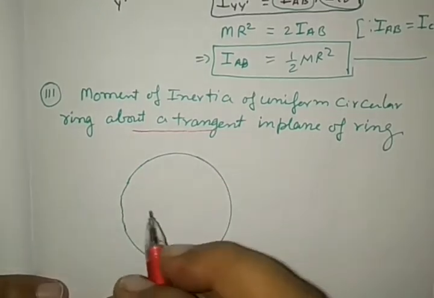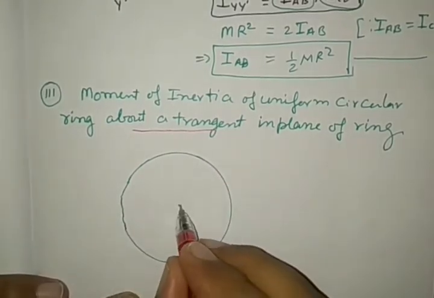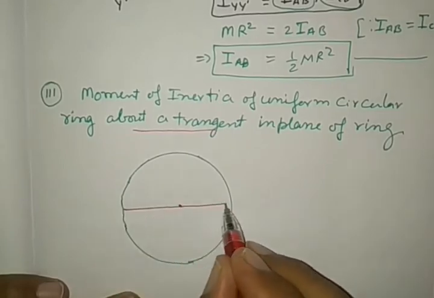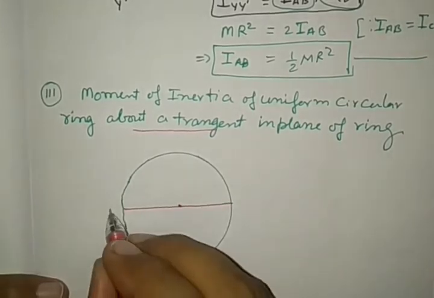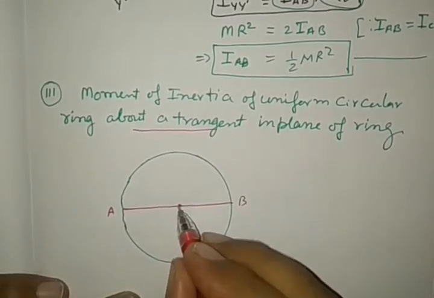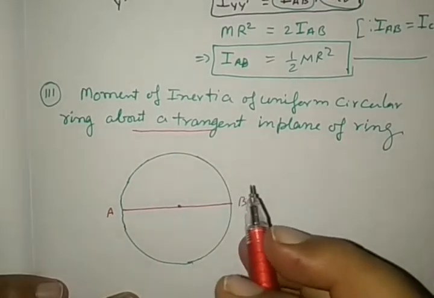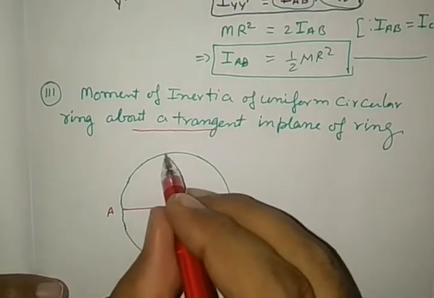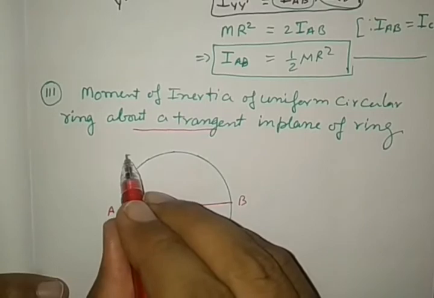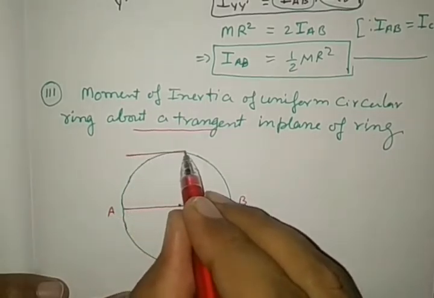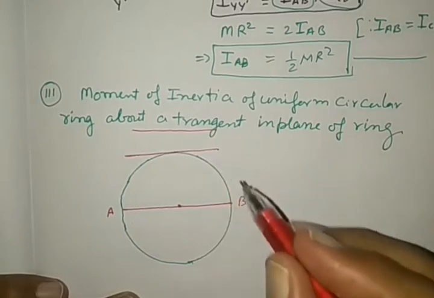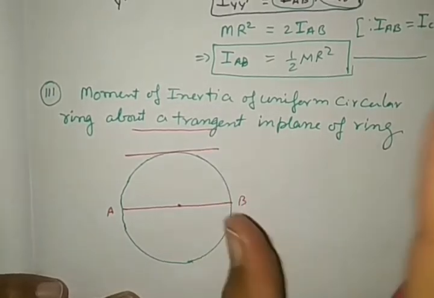Let this be a ring. This is the center. See very carefully. It is one of the diameters, AB in this diagram. We are going to obtain the moment of inertia about the axis of rotation along the tangent of the ring, and this tangent is in the plane of the ring, not perpendicular.